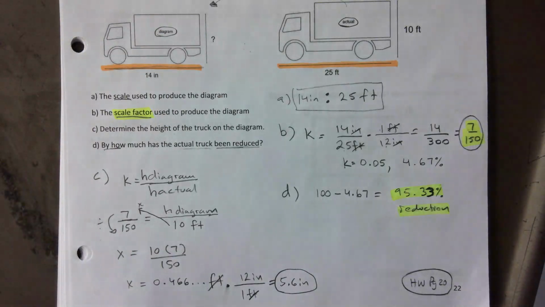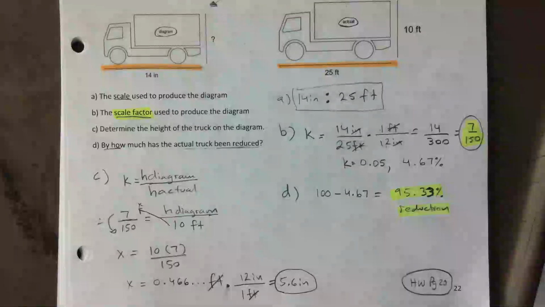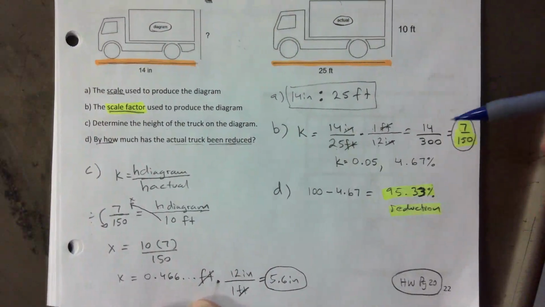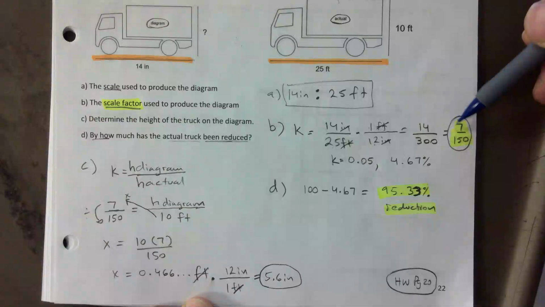Is there anything else I need to tell you about before we move on? Okay, recapping. The most important part of this operation was right here. My pencil is hovering over it, the scale factor.